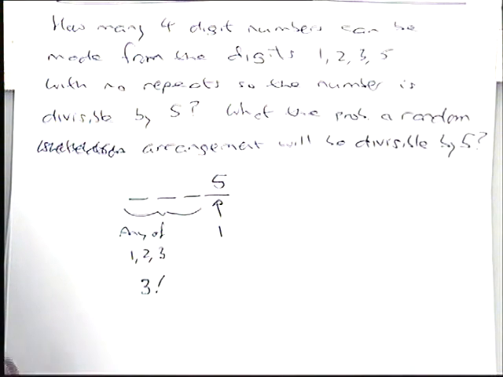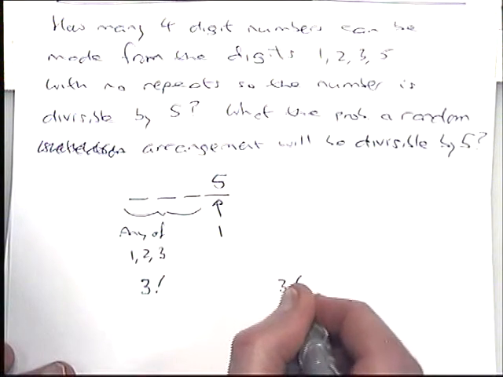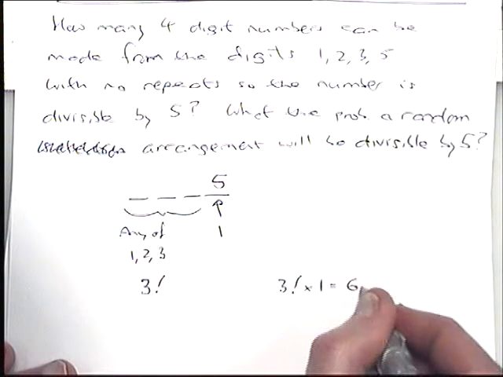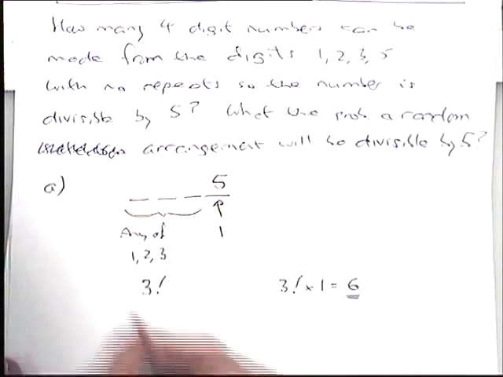To get your answer, you multiply these together. So 3 factorial, 6, times 1 is 6. There are 6 ways of arranging it so it ends in a 5 and is divisible by 5.